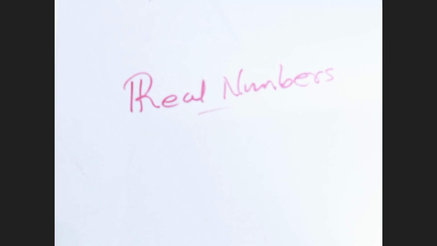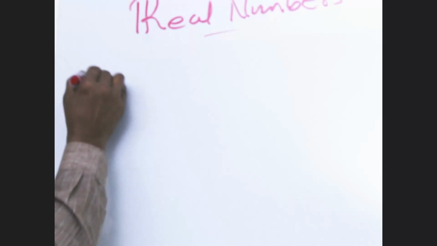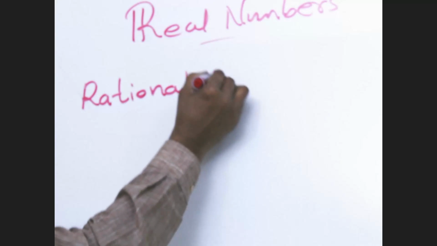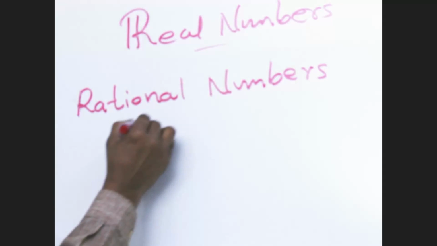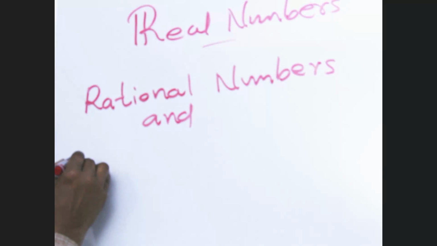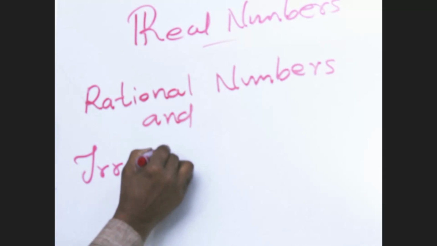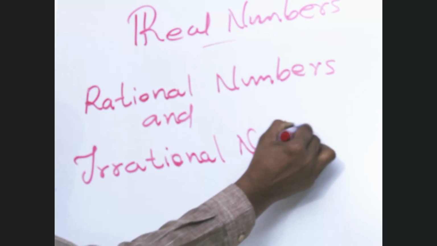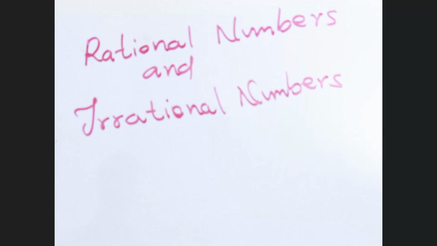So we can write it like this: rational numbers and irrational numbers, all the numbers are there.